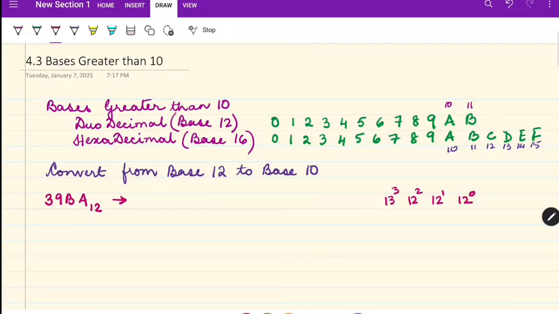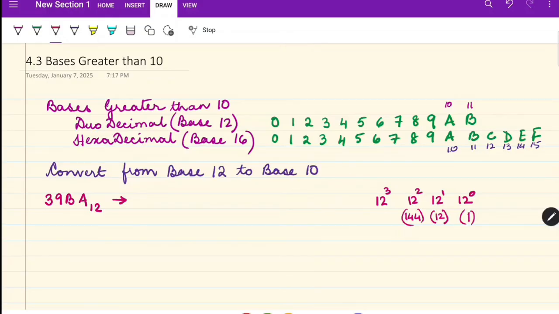So 12 to the power 0 will always be a value of 1. 12 to the power 1 will be 12. 12 squared would be 144. 12 times 12 is 144. And I made a mistake here. Let's correct this. It'll be 12 raised to the power 3, not 13.